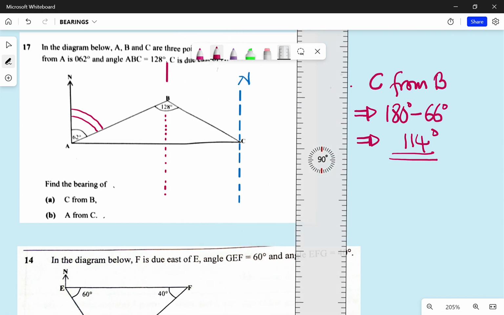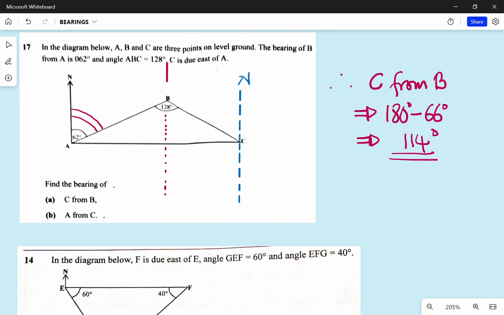Okay, A from B, what that simply means is that the north there, from the north, I mean A from C, sorry for that.